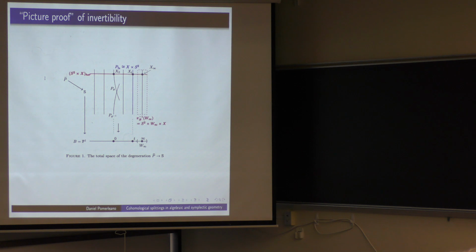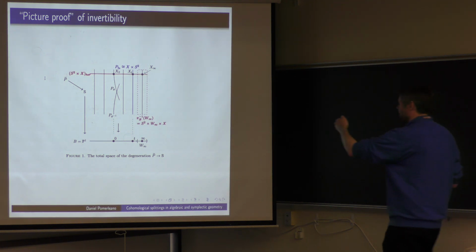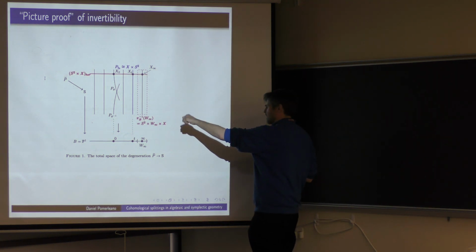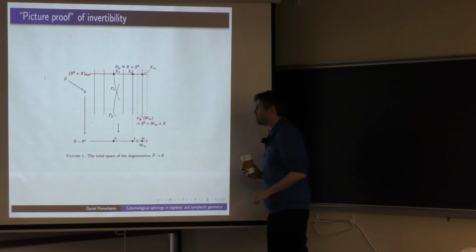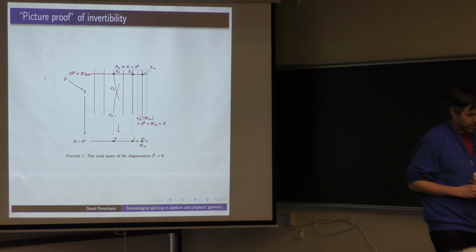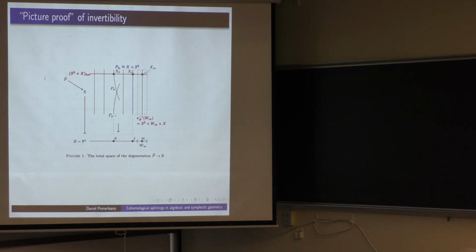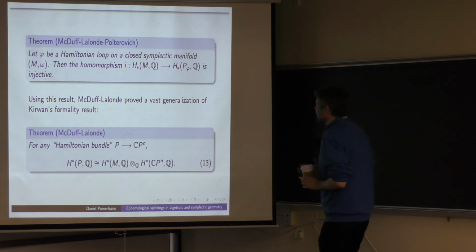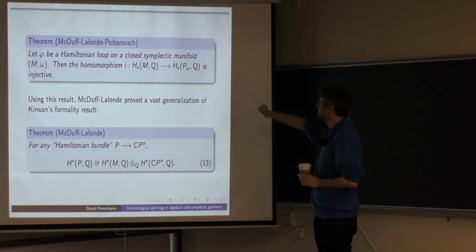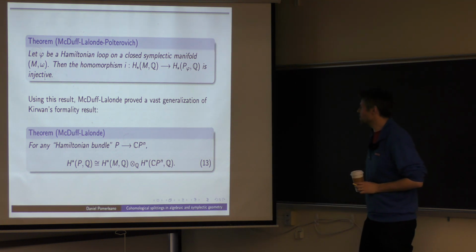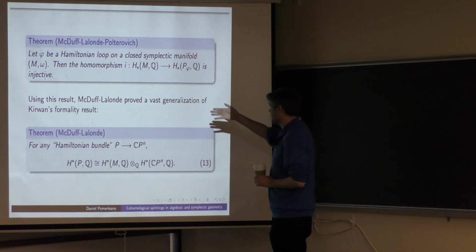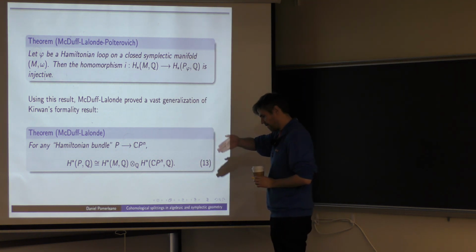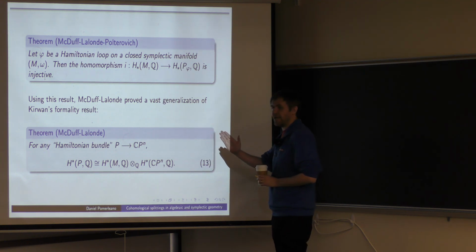So the Seidel operator for the inverse loop will be the inverse of the Seidel operation. That's a very powerful statement, because it immediately gives you something quite interesting: if we take the loop of Hamiltonian diffeomorphisms and the inclusion of your homology as, say, the fiber over 0, then that map has to be injective.